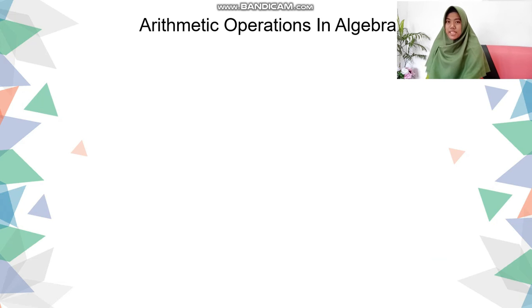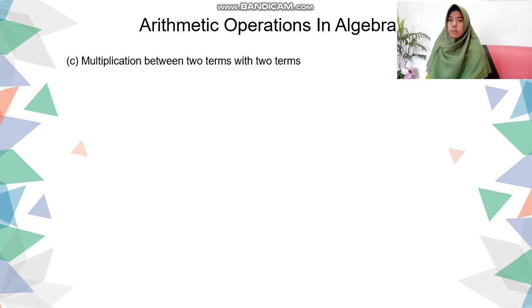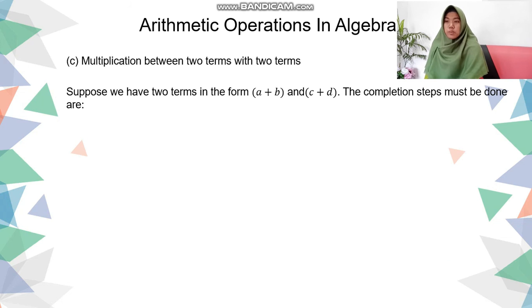C. Multiplication between two terms with two terms. Suppose we have two terms in the form (a plus b) and (c plus d).